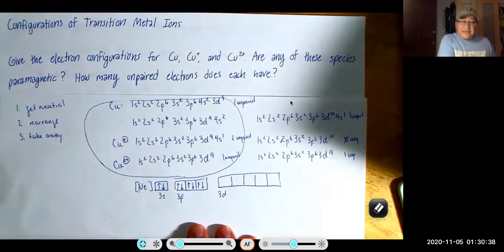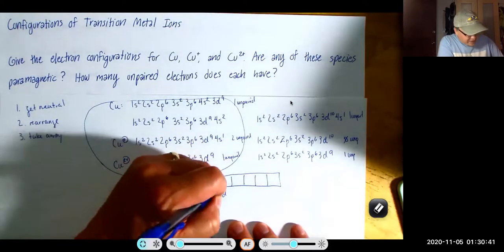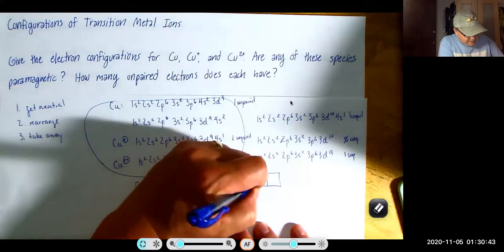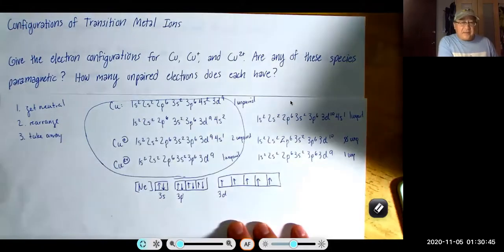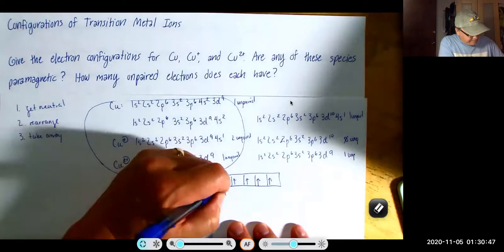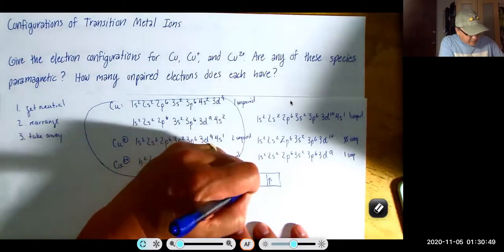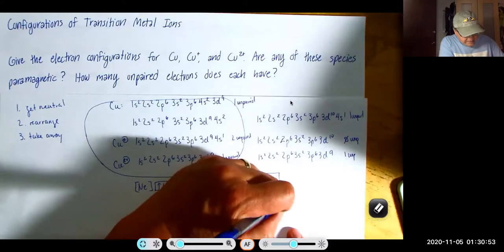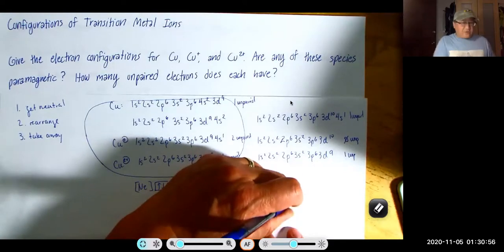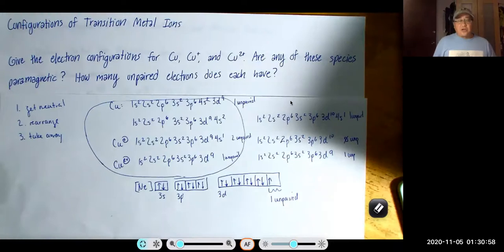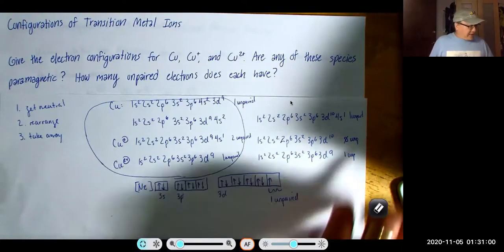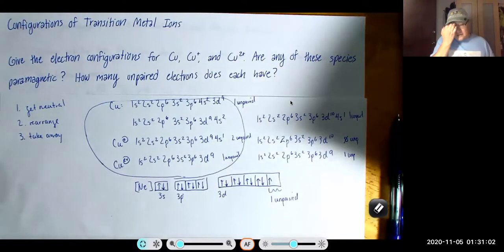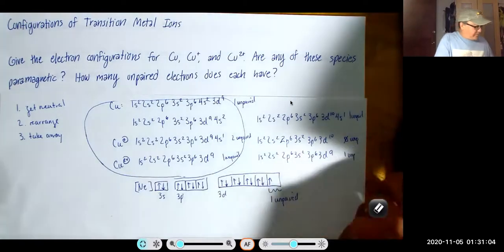If I put 9 in here, I'm going to put 1 in each first, and then I'm going to pair them up until I have 9 total. And here you can see we have 1 unpaired. So if you just memorize how many electrons should be in a full orbital, it's easy to predict how many are going to be unpaired.